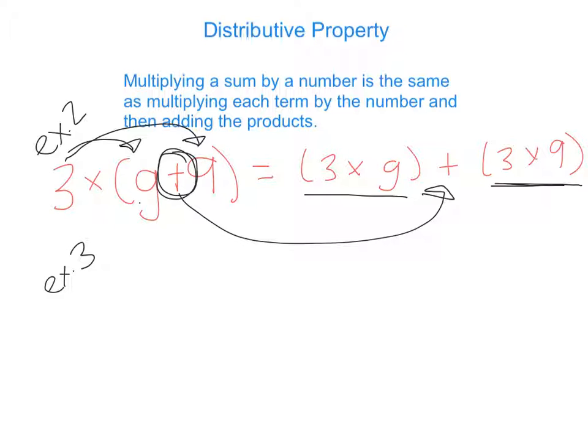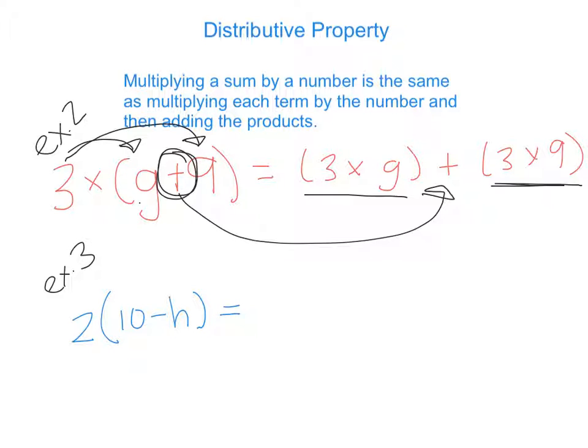Now the crazy thing is it works for subtraction too. Let me show you an example in subtraction. If I have 2 times 10 minus h, I can rewrite this as an equivalent expression.